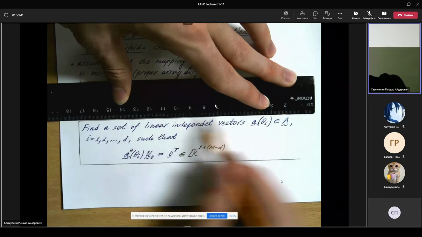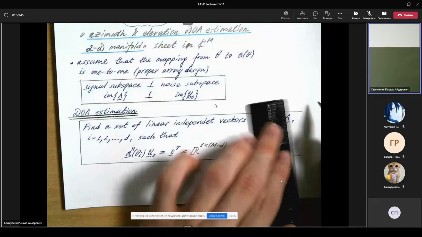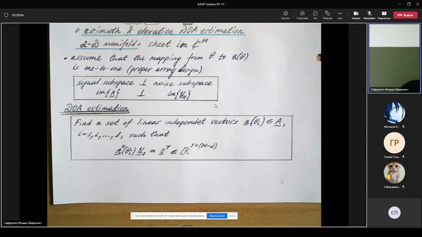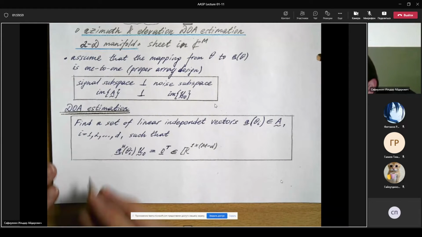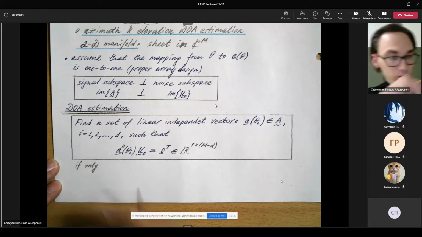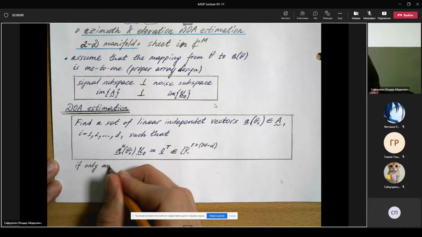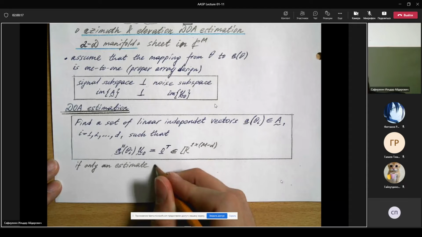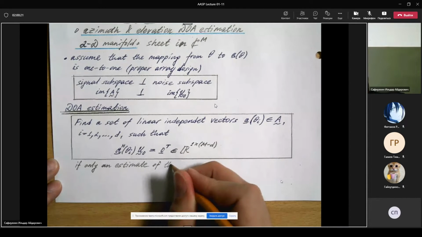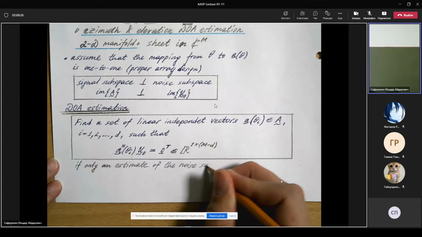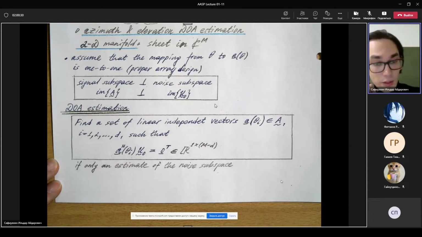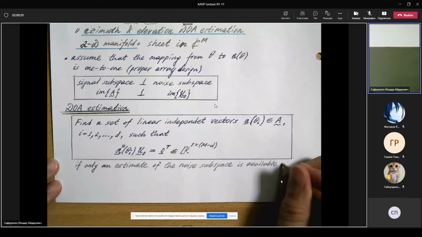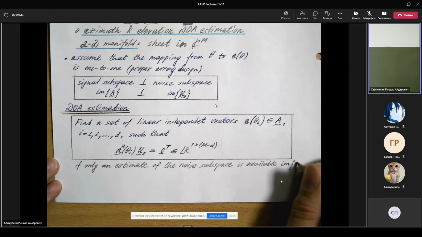And you can see that this first algorithm finds these estimates using subspaces, and we need to add that this direction of arrival estimation works only if an estimate of the noise subspace is available. So the image of U subscript 0.